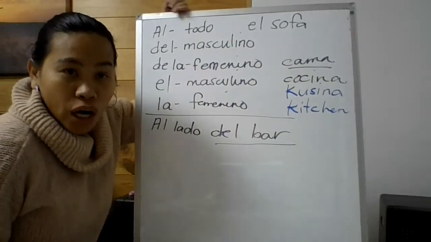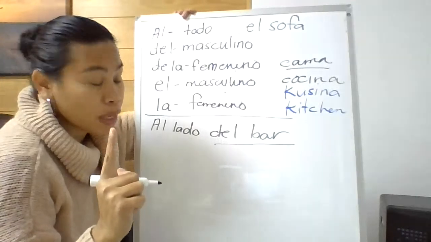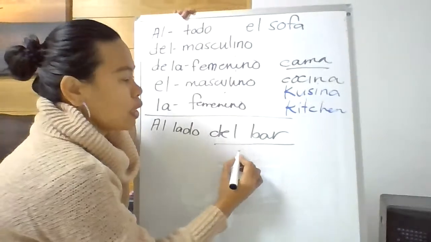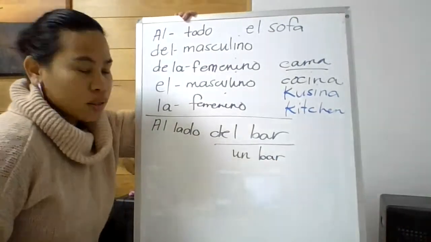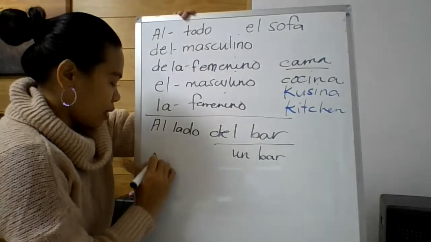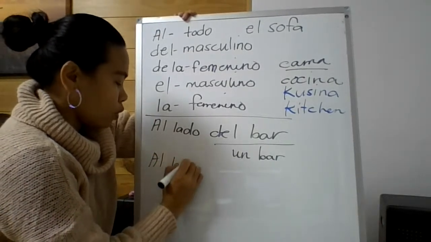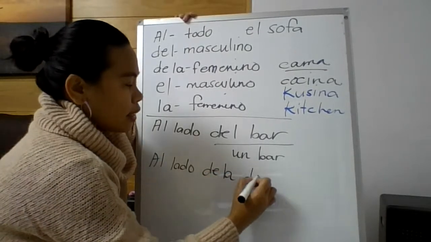Okay? So, un bar. Aquí en España es un bar. Un bar es masculino, ¿vale? So, "de la tienda". "Al lado de la tienda".